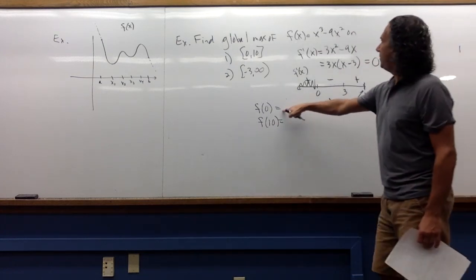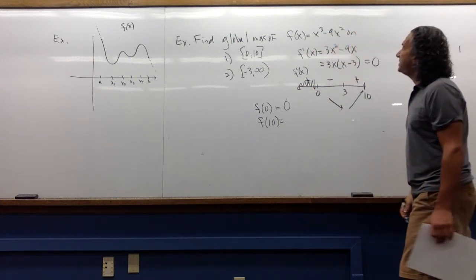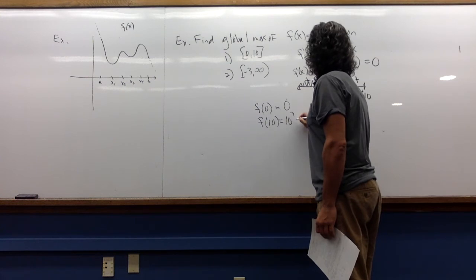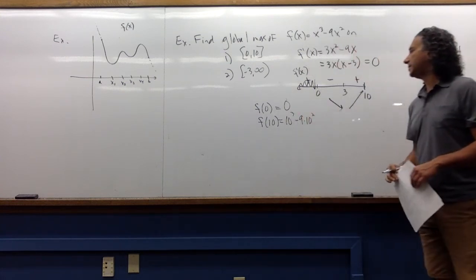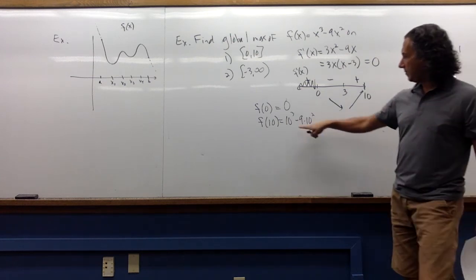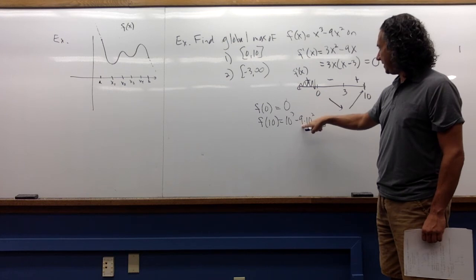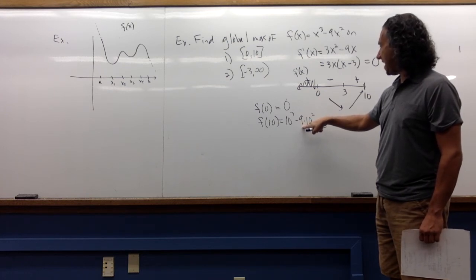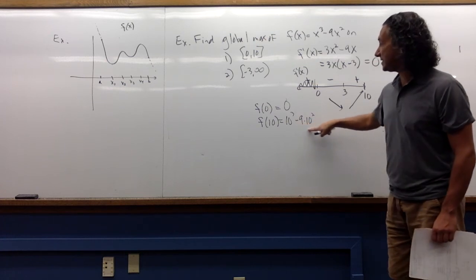Okay, so f of 0 is just 0 cubed minus 0, which is 0. f of 10 is 10 cubed minus 9 times 10 squared. Well, we can work this out in a second, or let me just say that 9 is less than 10. So this is 10 cubed minus something that's less than 10 cubed.